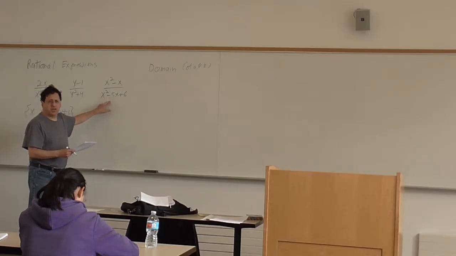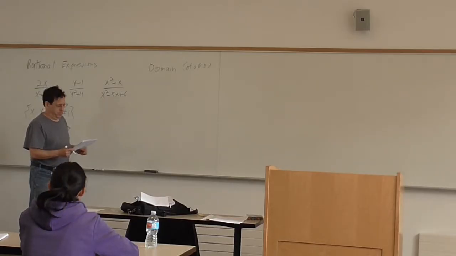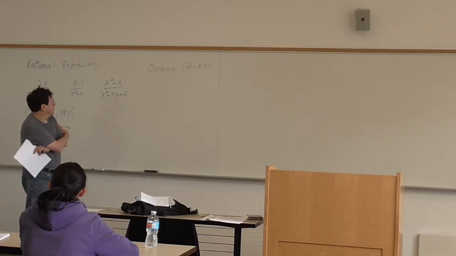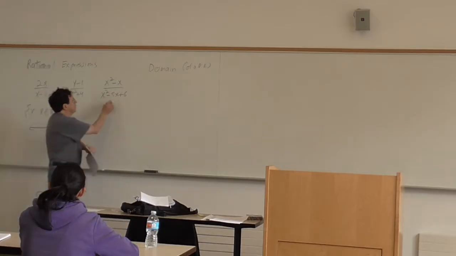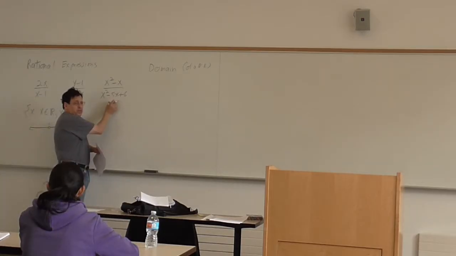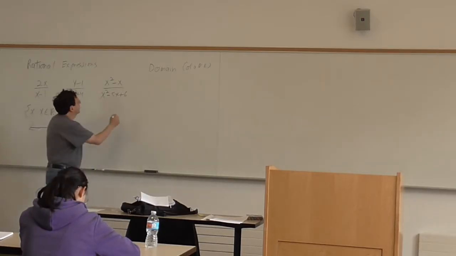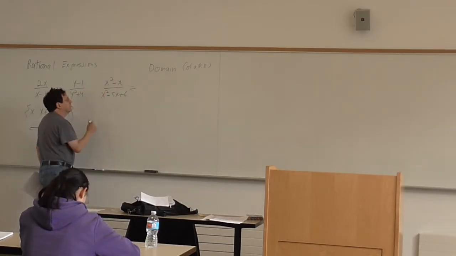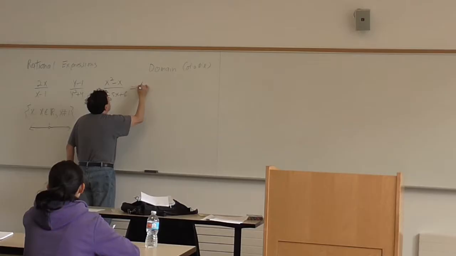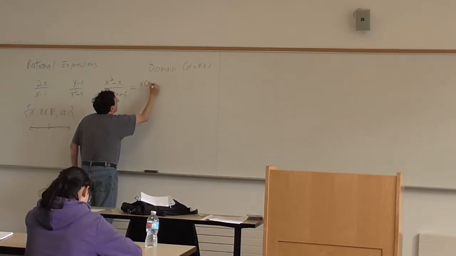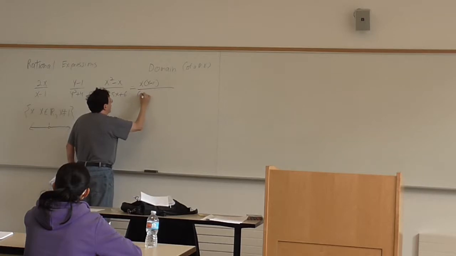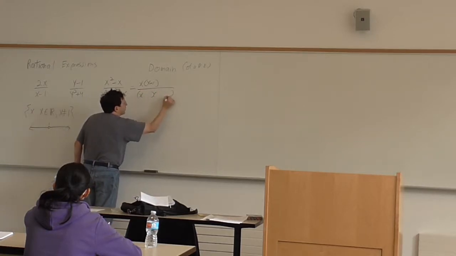This one, it's not really obvious, is it? We have to do a little work, right? We have to try and factor this, don't we? All right, let's take a look. We don't need to factor the numerator, but I'm going to do that anyway. Okay, this looks like x.